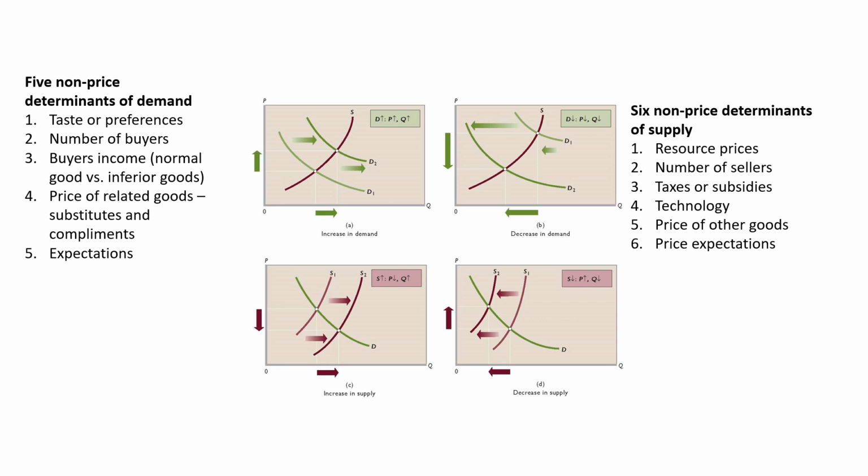Make certain you familiarize yourself with the non-price determinants of demand, the non-price determinants of supply, and by all means, understand how shifts in the curve, increase, decrease, demand, supply, ultimately affect equilibrium price and quantity. That's the whole goal of our market analysis.